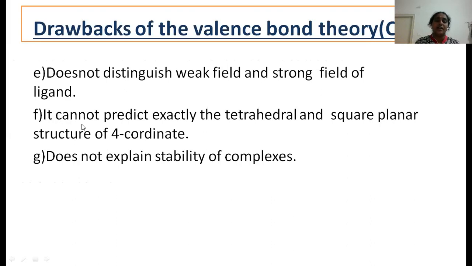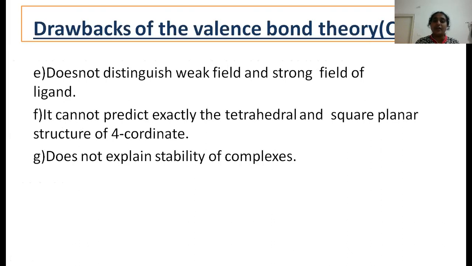And also this theory cannot exactly predict the tetrahedral and square planar structures of four-coordinate complexes. And also this theory does not explain the stability of the complexes. So these are the few drawbacks of the valence bond theory.